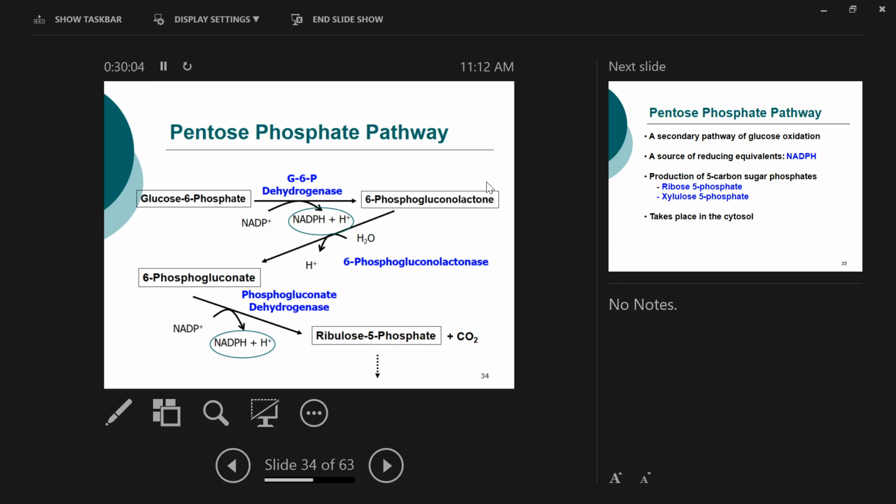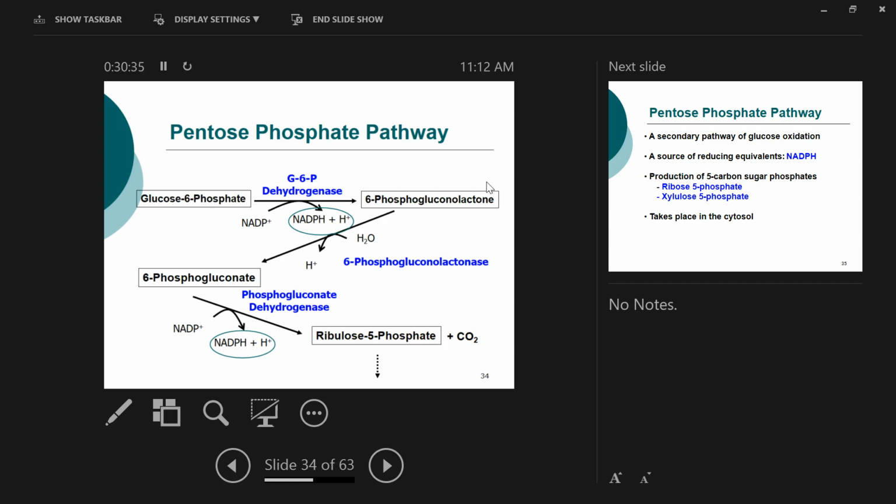Also, during the several reactions in this pathway, NADPH is generated. NADPH is required for the synthesis of fatty acids, ketone bodies, and cholesterol. So this pathway is relatively simple and short, but it's also important.